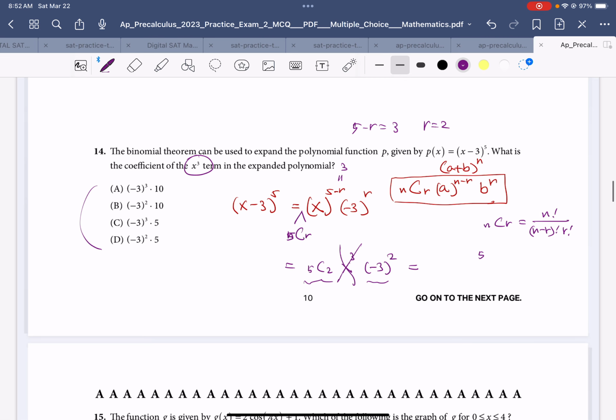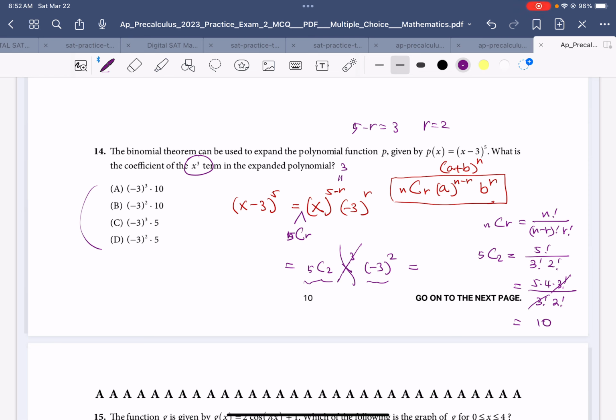So 5C2 means 5 factorial over (5 minus 2) factorial, which is 3 factorial, times r factorial, which is 2 factorial. That is 5 times 4 times 3 factorial over 3 factorial times 2 factorial, and the 3 factorials cancel out. Then 2 factorial is just 2, so that's 5 times 2, which is 10.